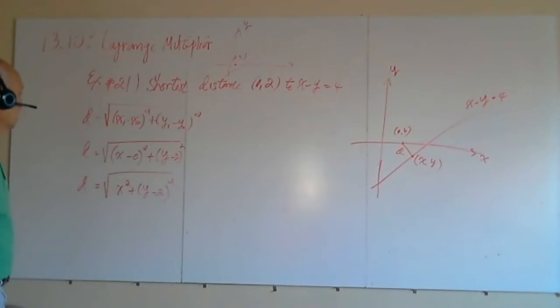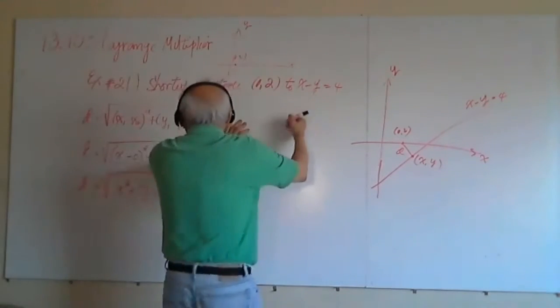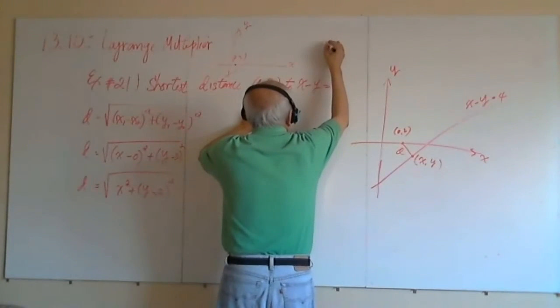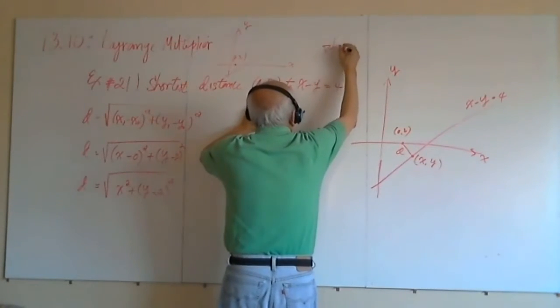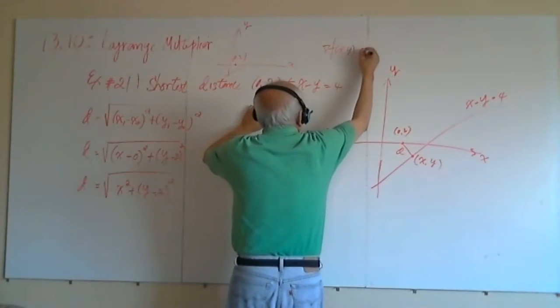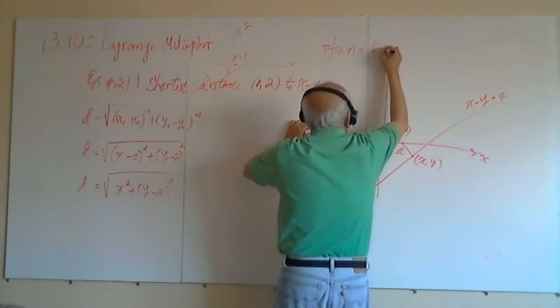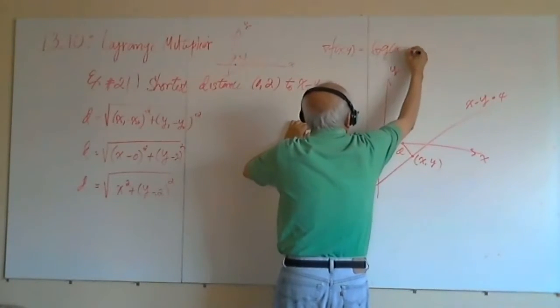Remember the formula for the Lagrange multiplier: the gradient of f(x, y) equals lambda times the gradient of g(x, y). Am I correct?